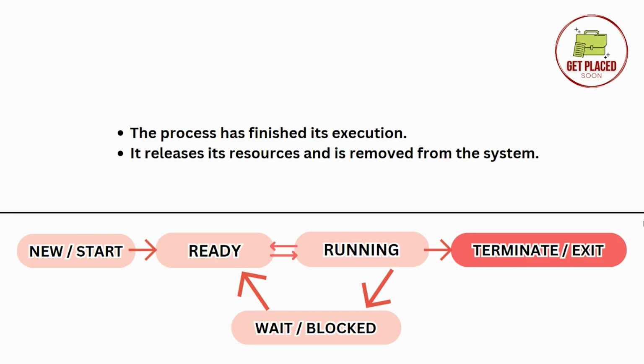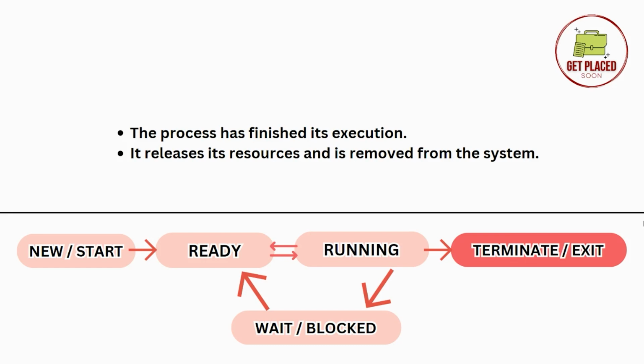I'm just giving you a small recap. New is the stage where the process is created but still waiting to get into the main memory and be executed. From secondary memory it goes to the main memory, where it waits in the ready queue. Once it gets an opportunity to be executed, it moves from the ready queue and runs. That is the running stage.